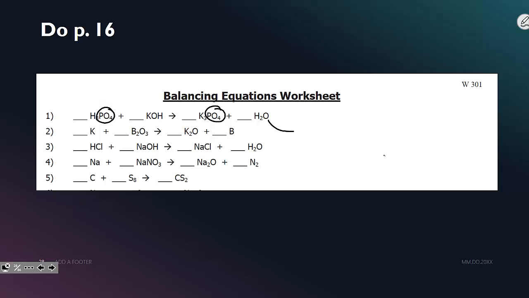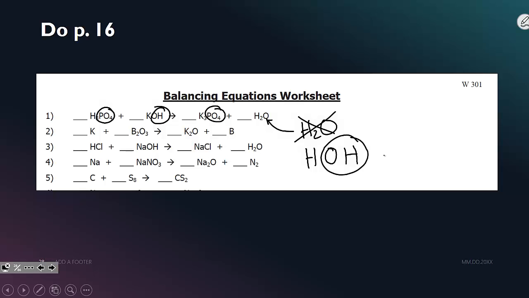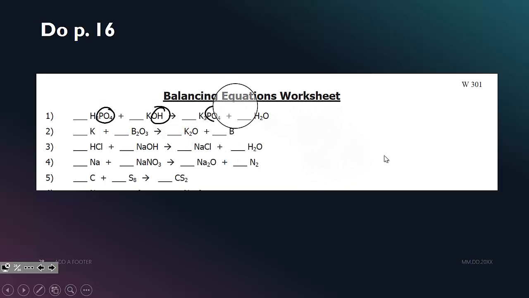Another little side note, guys, water is 2 hydrogens and an oxygen. So you could rethink water, especially if you have hydroxide as a reactant, as HOH, because that's where your hydroxide ends up. But that's just a tip, just a little hint, a little thing to get you through.